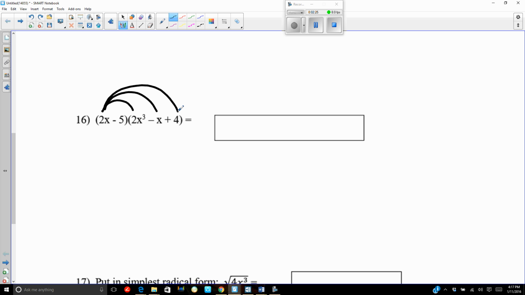You're going to multiply everything in that parenthesis first by 2x, and then you're going to multiply everything by a -5. So all together, we're going to multiply 6 times, and again, combine any like terms you have before you write your final answer in the box. Make sure you show all your work on the test as well.